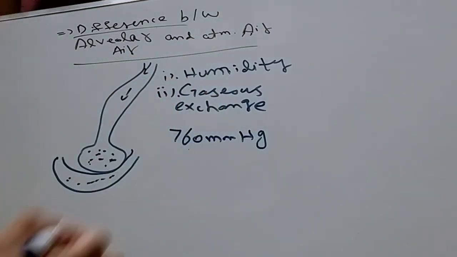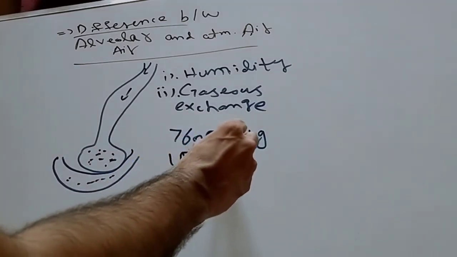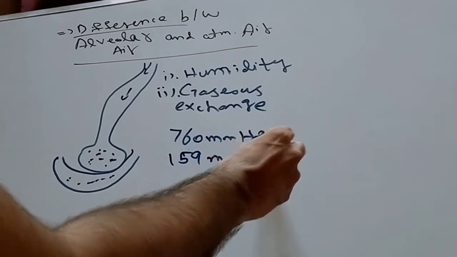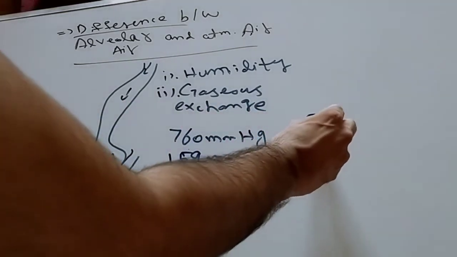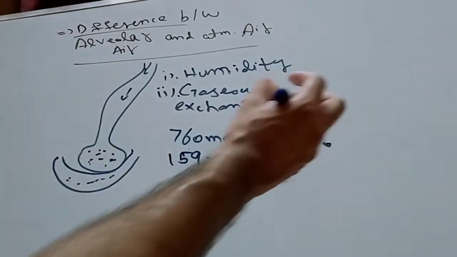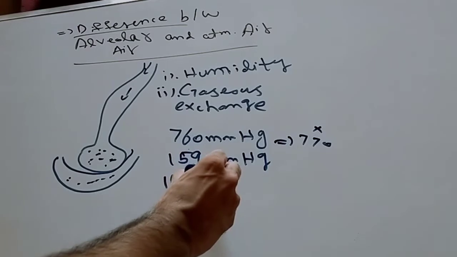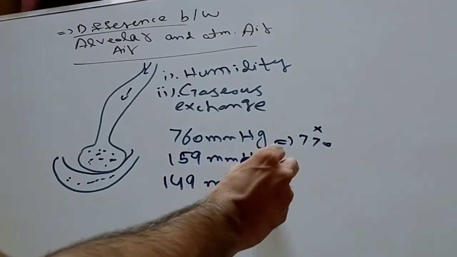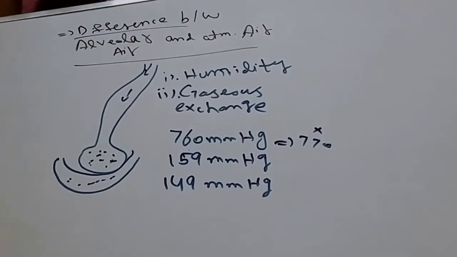The partial pressure of oxygen present in the alveolar air is 159 millimeter of mercury. Now water is added, but it doesn't mean that the pressure would go to 770. It would not happen. But the partial pressure of oxygen would become 149 millimeter of mercury after the air is humidified.